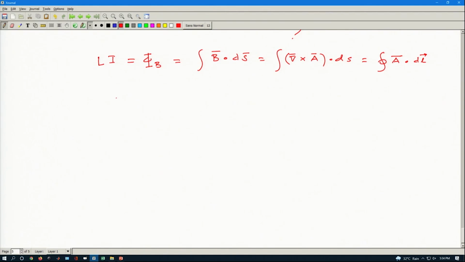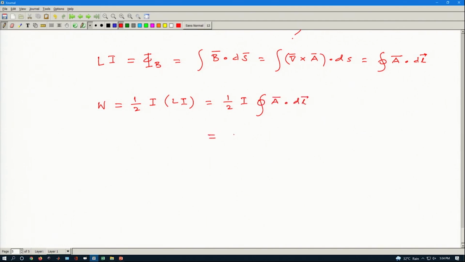So, W, the work done, should be half of I into L I, because L I I already calculated. So, it should be half of I, and for L I I write the integral of A dot dl.